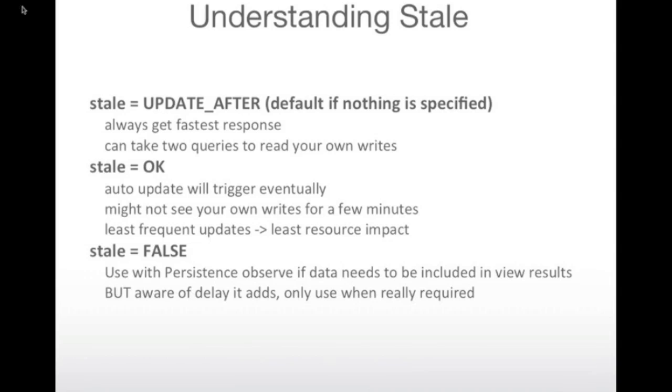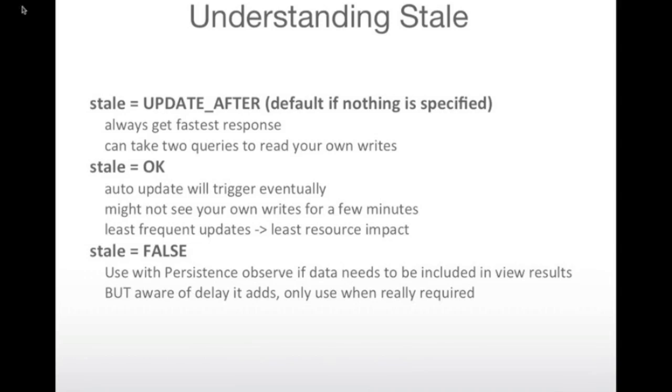Those are configurable parameters within Couchbase. You can change the amount of time between indexing batches, or you can change the number of operations that will automatically trigger a batch index. Or within querying itself, using the stale parameter, you can tell the indexer what to do. There are three different possibilities here.